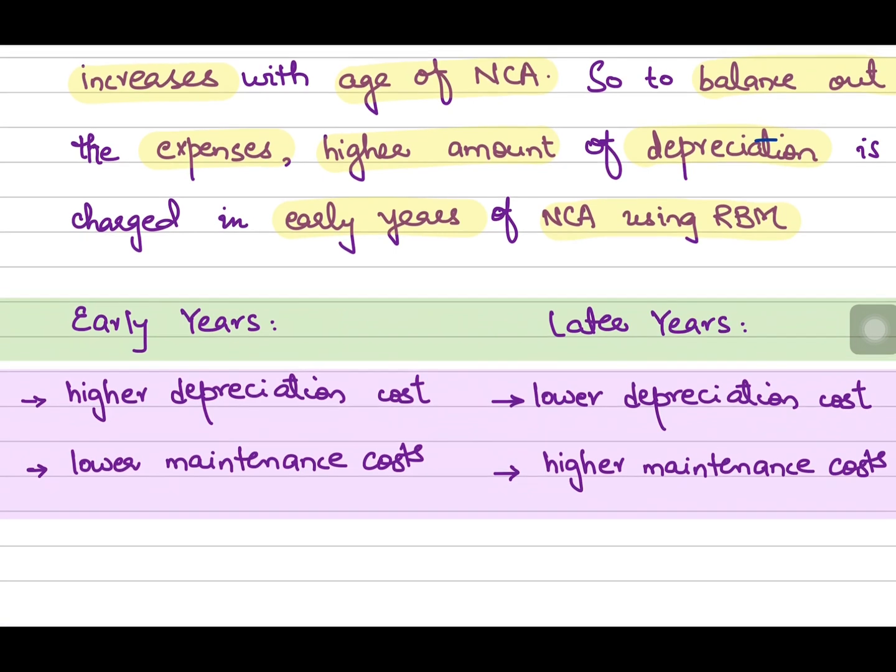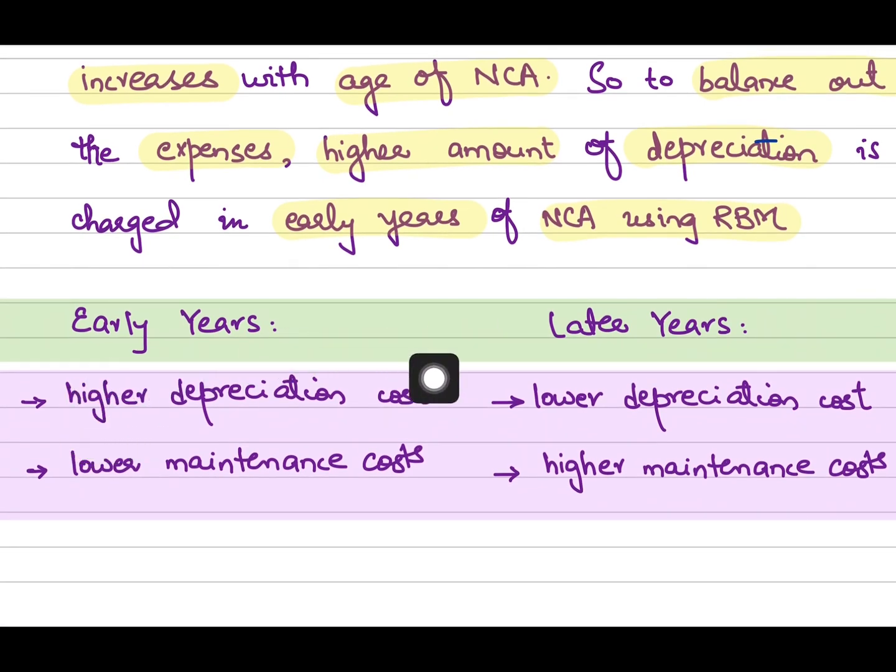So, this means that in the early years there will be higher depreciation cost, but there will be lower maintenance charges or lower running costs of that non-current asset, right. This will balance out the expenses being recorded against the use of that non-current asset. And in the later years there will be lower depreciation cost, because it will keep on decreasing if you are following the reducing balance method, but there will be higher maintenance charges.